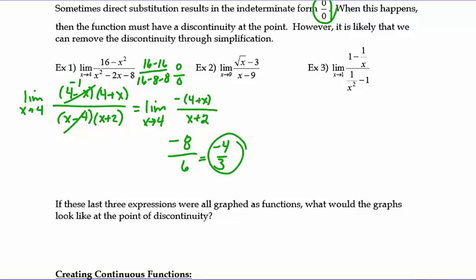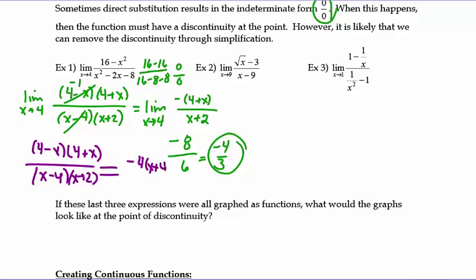Now, quick thing. The limit here is equal to the limit there. However, the function here does not equal the function here. These functions are different. How are they different? Well, if you cancel something out like this, that means this function had a hole at that discontinuity.